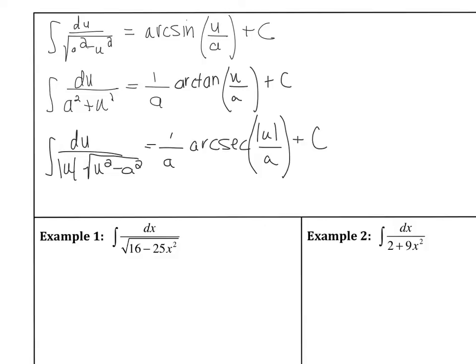A nice way to think about it is that as we go from arcsine to arctan, we add the 1 over a in front, and then going from arctan to arcsecant, we just add the absolute value brackets. So with each one that we proved, we just add an additional component, but fundamentally, their structure is all the same.